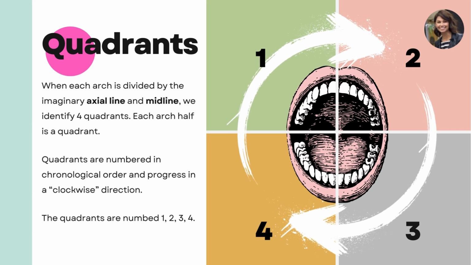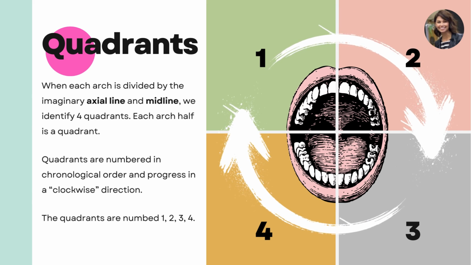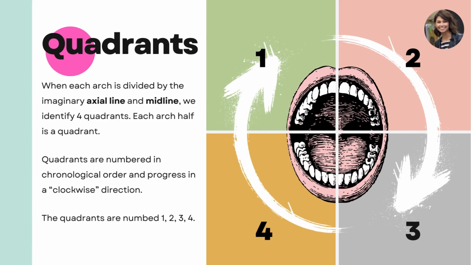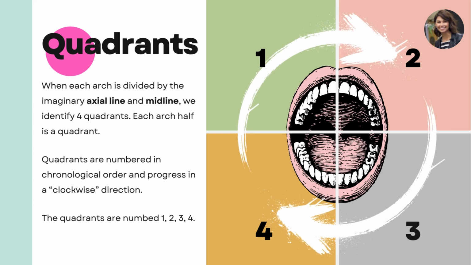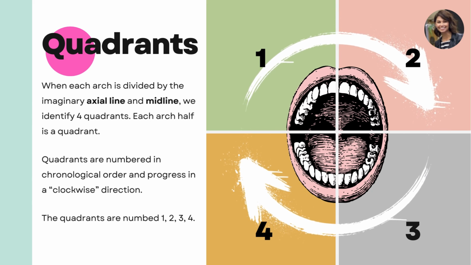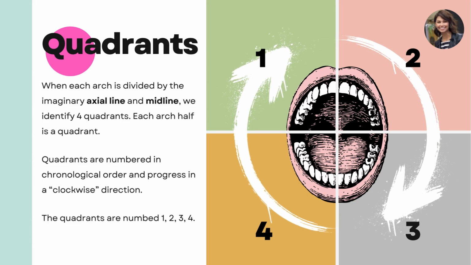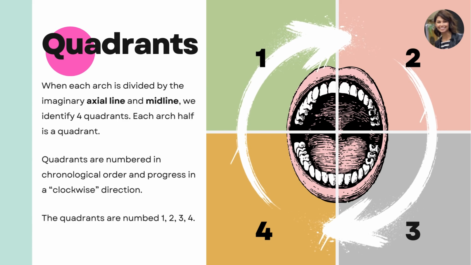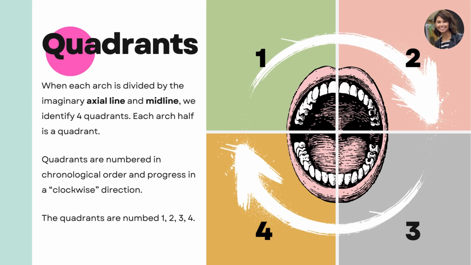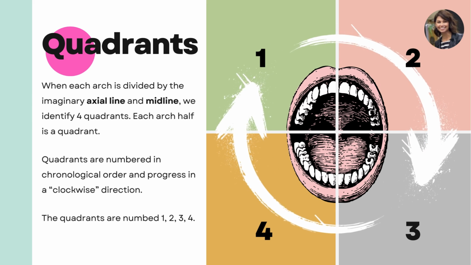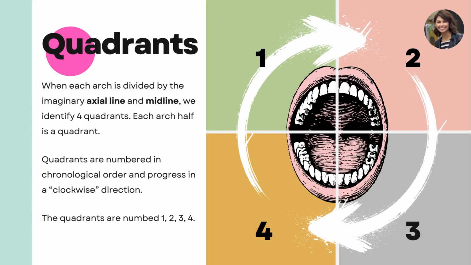And finally, we see the quadrant formation. When each arch is divided by the imaginary axial line and midline, we identify 4 quadrants. Each arch half is a quadrant. These quadrants are numbered in chronological order and progress in a clockwise direction. The quadrants are numbered 1, 2, 3, and 4. Notice, quadrant number 1 exists on the maxillary right side or the upper right side.